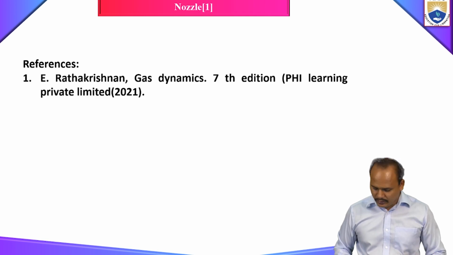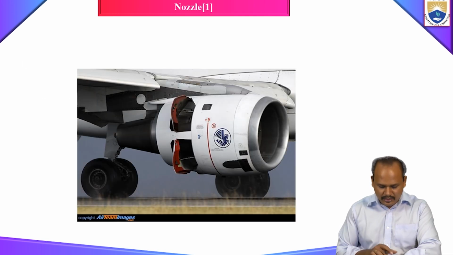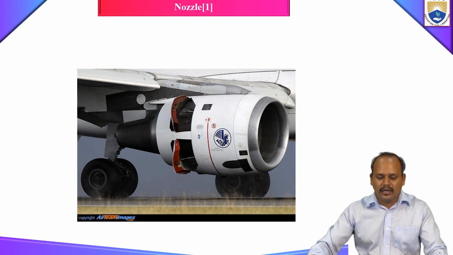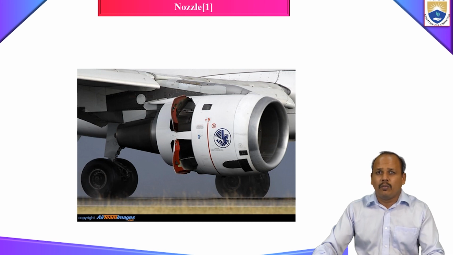With this, I'll end this lecture. What we have seen in this lecture is that we started off with the basic requirements of an exhaust nozzle, the need for a variable area nozzle, and how we achieve it. We saw three types: the plug nozzle, the ejector type, and the iris nozzle.